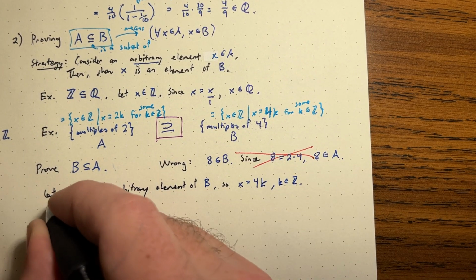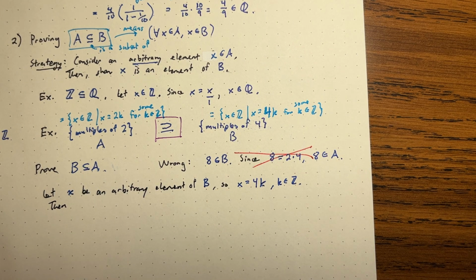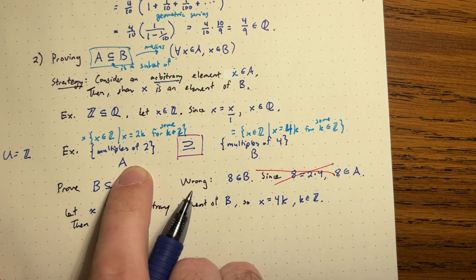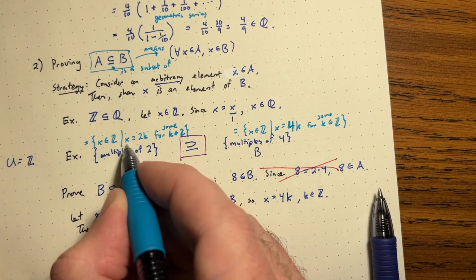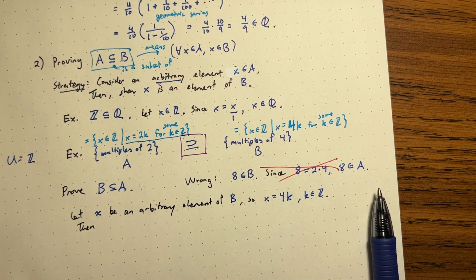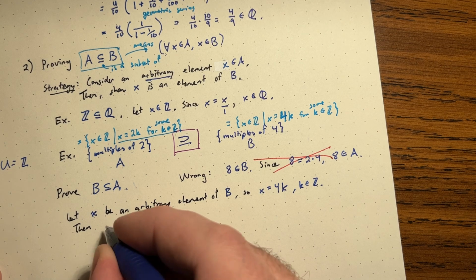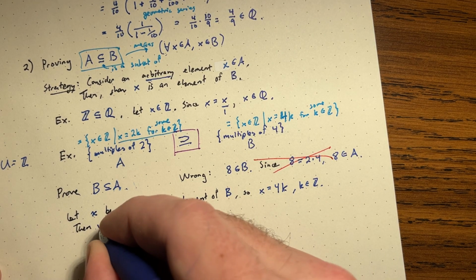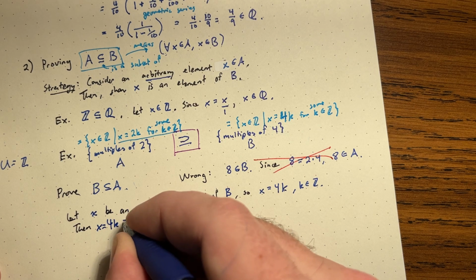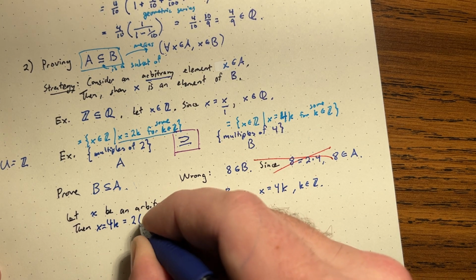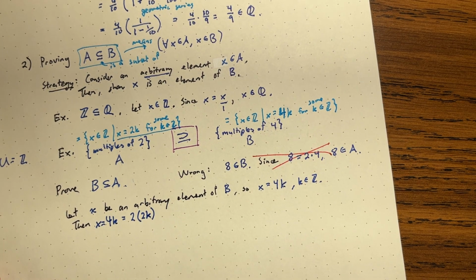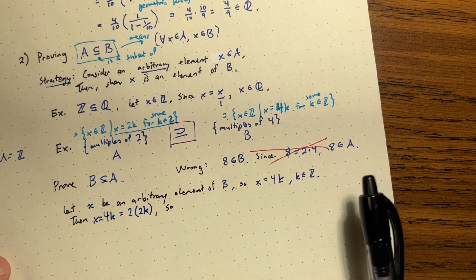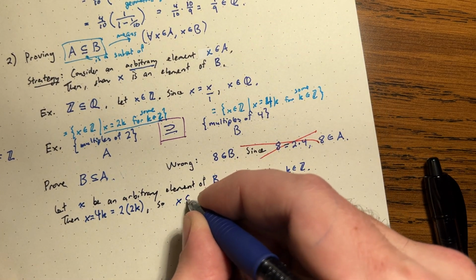Then we need to show that this belongs to A. How do we show that it belongs to A? We show that it satisfies the defining condition for A. So we need to show it's 2 times an integer. We can split that 4 up into, so x equals 4k, which is 2 times 2k. 2k is an integer because k is an integer. So indeed, x is in A.